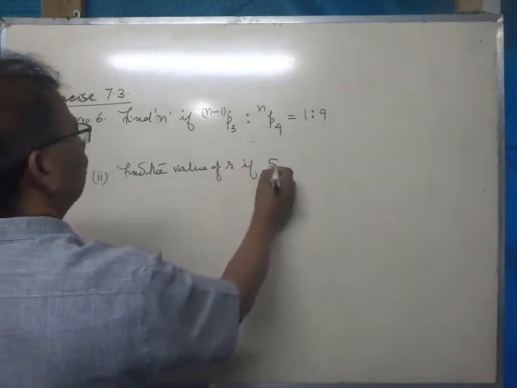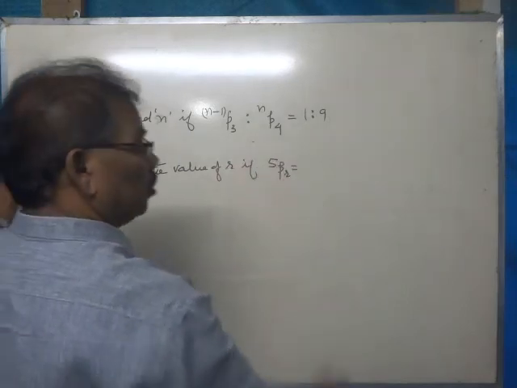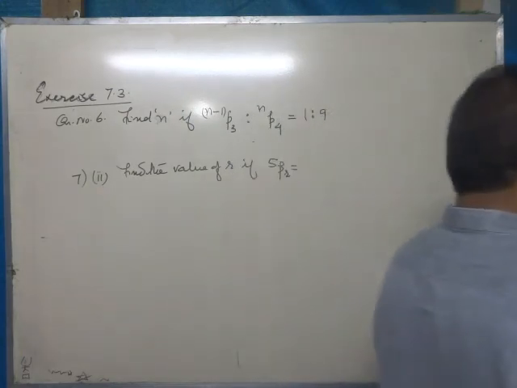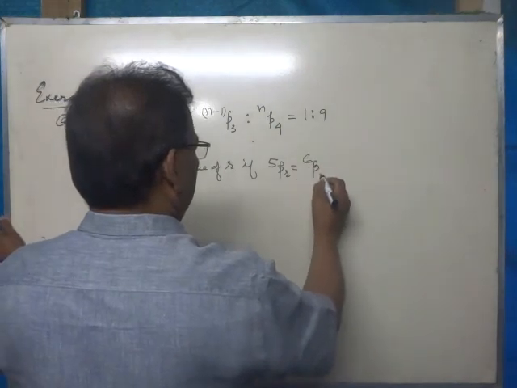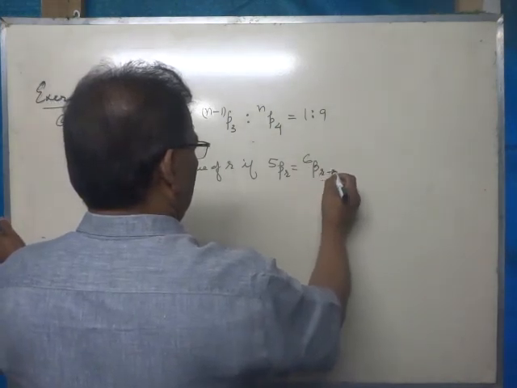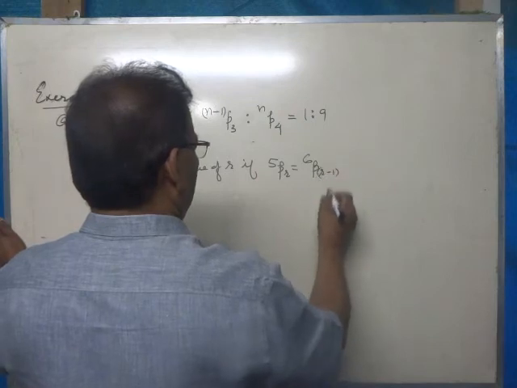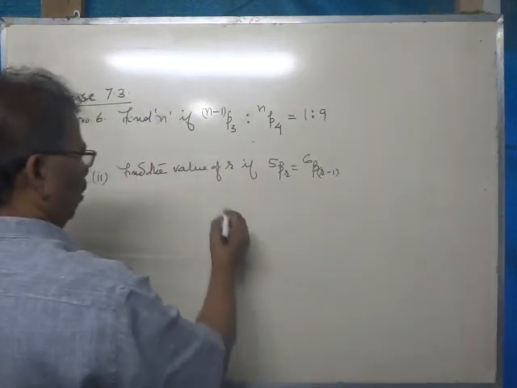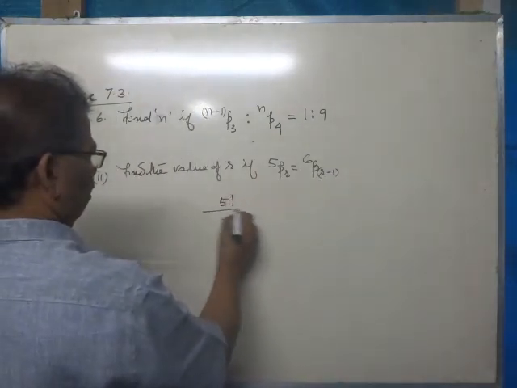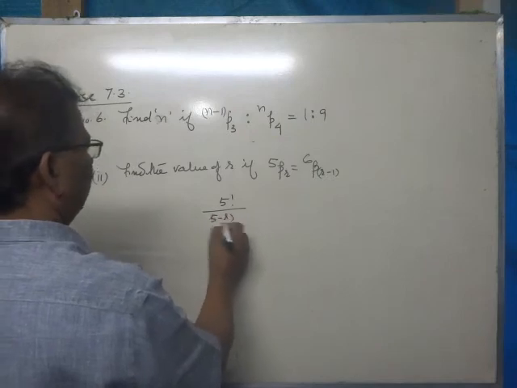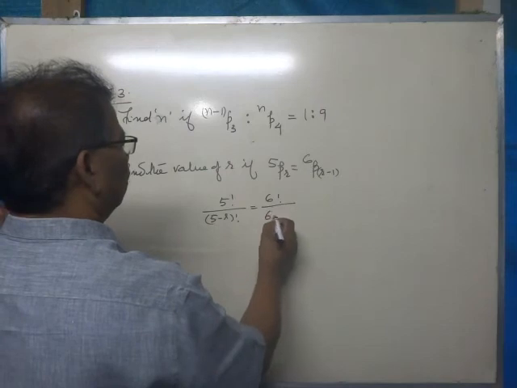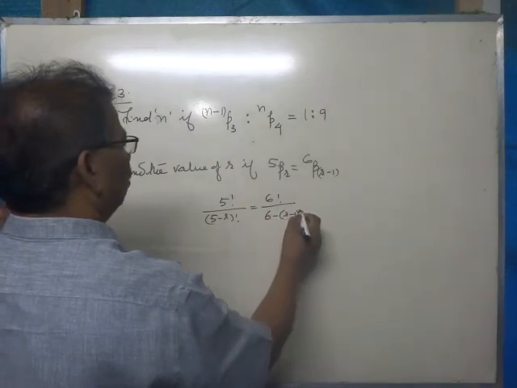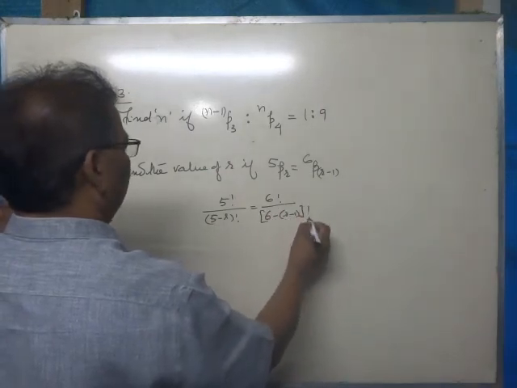If 5Pr is equal to 6P(r−1): 5 factorial divided by (5−r) factorial is equal to 6 factorial divided by (6−(r−1)) factorial.